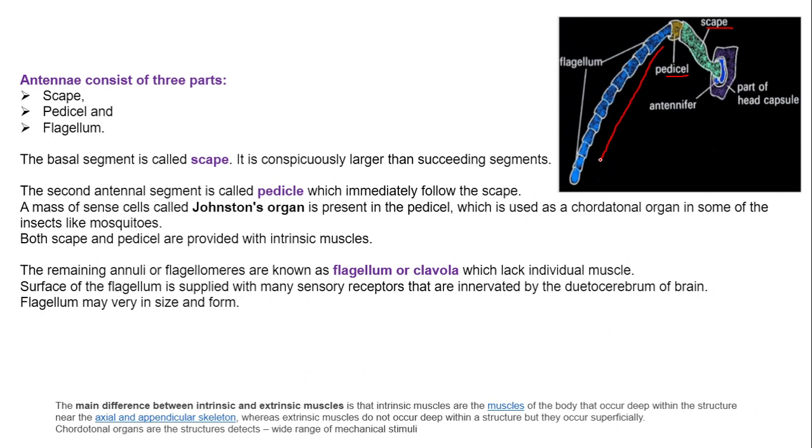The basal segment of the antenna is known as scape. It is conspicuously larger than succeeding segments. The second segment of the antenna is known as pedicel, which immediately follows the scape.